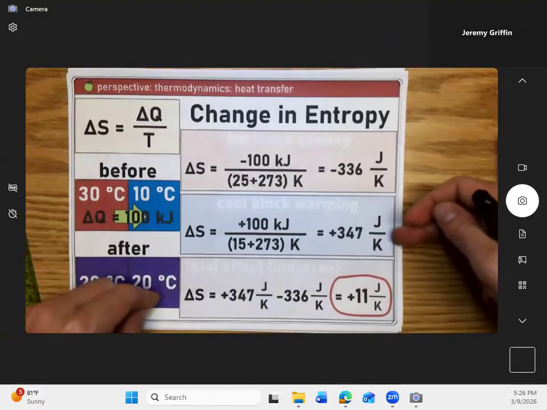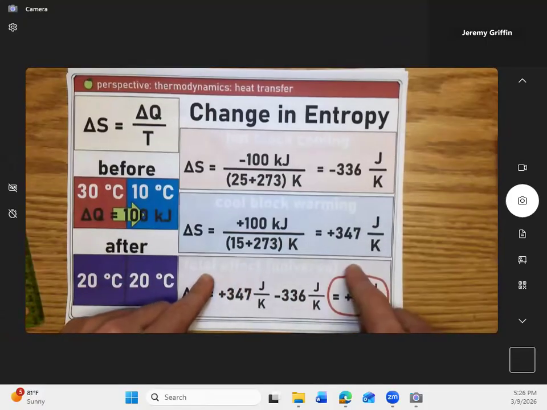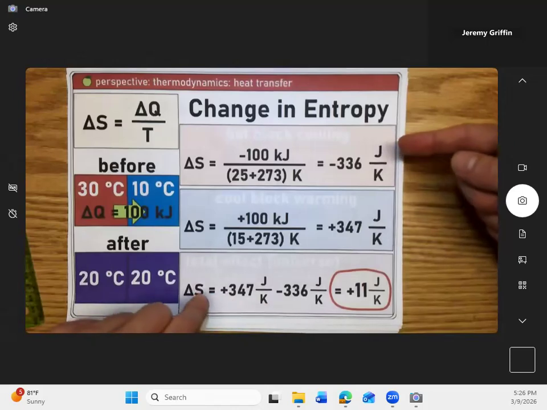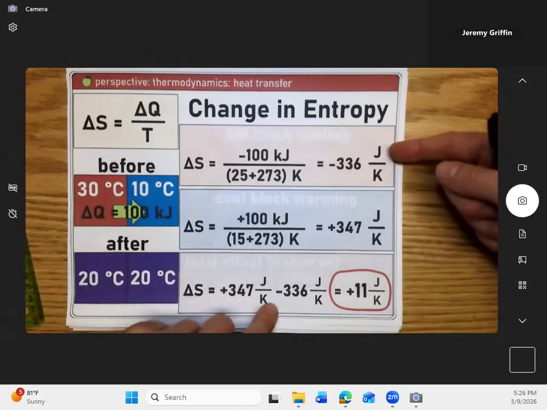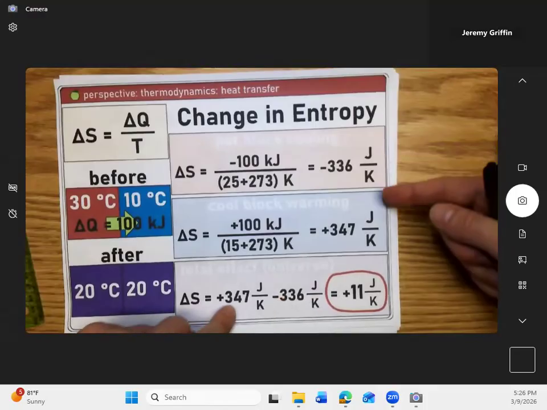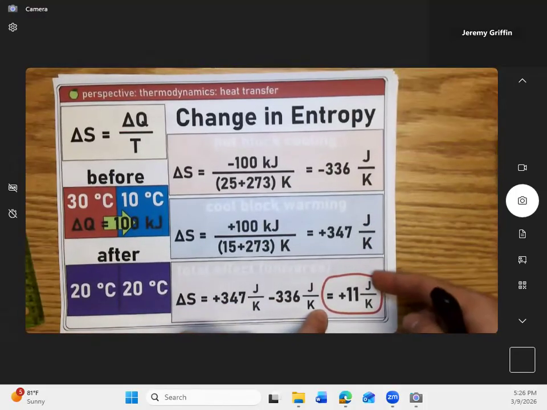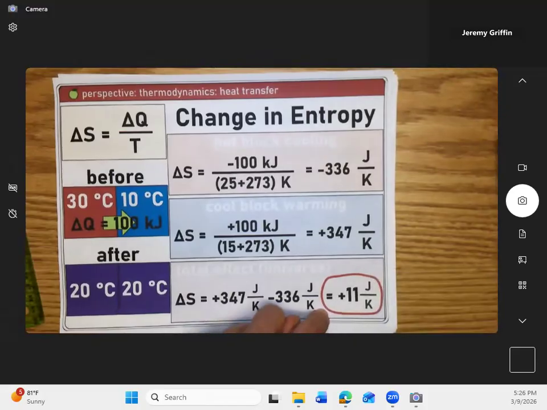Now, what's the change in entropy for the entire universe? All you have to do is tag these two parts together. The hot block cooling down lost entropy, that's this right here. The cold block warming up gained this entropy, that's right here. And altogether, there's a net change that's always, always, always positive. That is what the second law of thermo says.